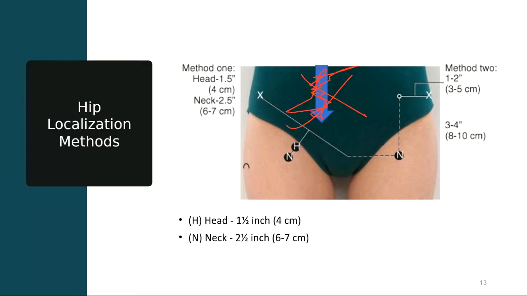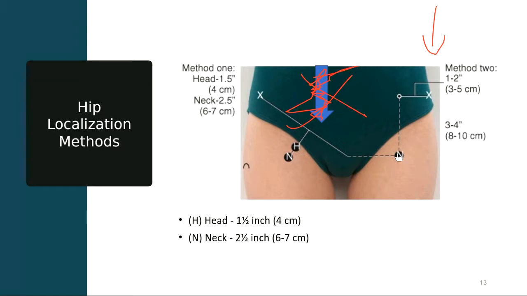Probably should have been drawn here to reference that this is the method we actually use to localize the femoral neck. So you find ASIS and you go 1 to 2 inches medial from the ASIS, and then 3 to 4 inches down. And that should put you right at the femoral neck.